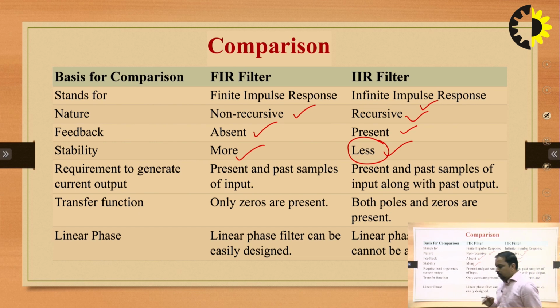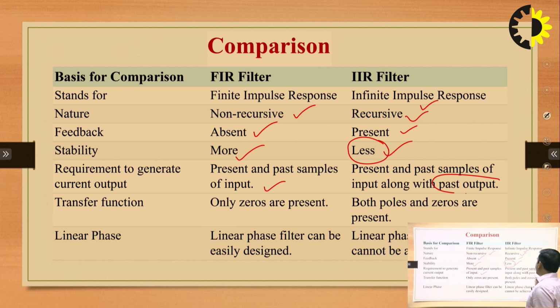Now the definition of recursive and non-recursive. First of all, for FIR filters, the present output depends only on the present or past inputs. If this is the scenario, it is called non-recursive. Whereas in IIR, the present output depends on the present input, past input as well as past output.